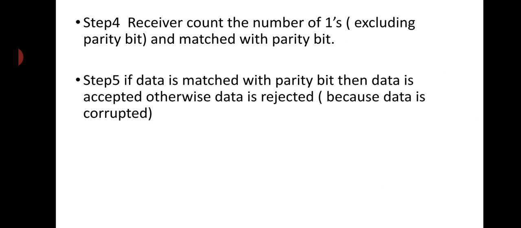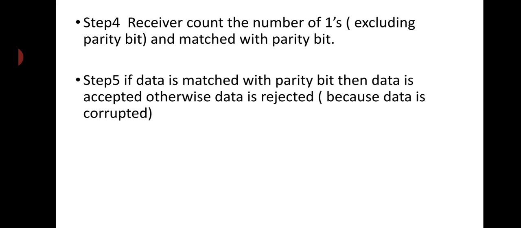So now step 5: if data is matched with parity bit, then data is accepted. Otherwise data is rejected because data is corrupted. That means the receiver will understand that there is something changed in the actual data, and this is not the actual data I have received. So this is the mechanism of even parity bit check.